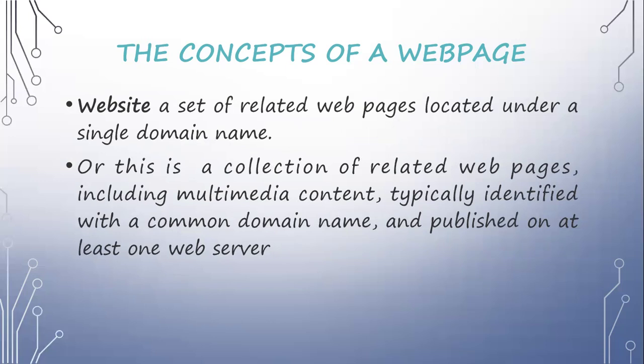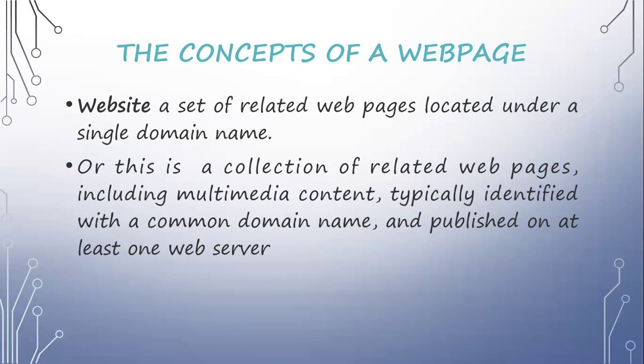When we're talking about a website, it is a set of related web pages located under a single domain name. So a website is a set of various related web pages that are collected and put together under a single domain name. Or you can simply say that this is a collection of related web pages, including multimedia content, typically identified with a common domain name and published on at least one web server.